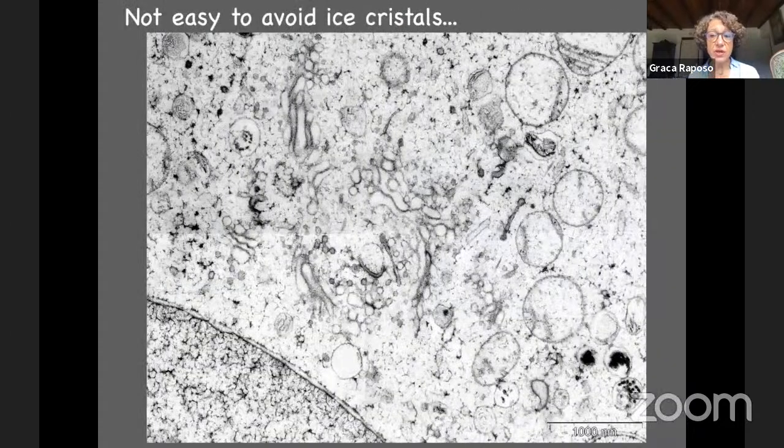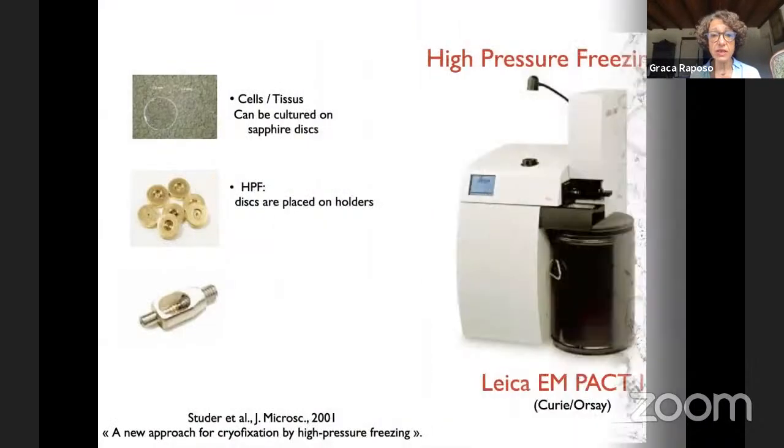I show you this because sometimes this is what happens. It's not easy to avoid ice crystals. And this cell that I'm showing here was just close to the other cell that was very nicely preserved. So this is really ice crystals. And sometimes you say, okay, I can recognize Golgi, I can recognize mitochondria, but here you have ice crystals. And it's very difficult to really avoid that.